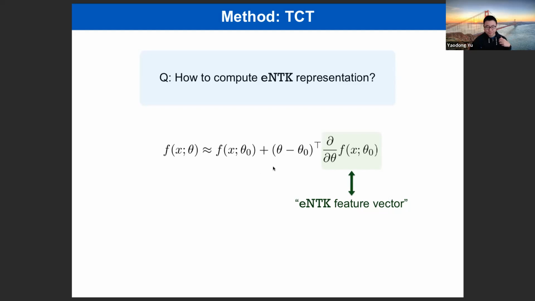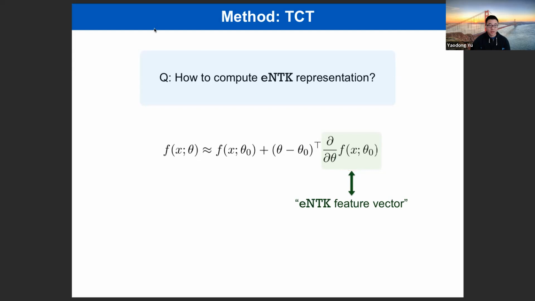We can approximate this function output by doing a Taylor expansion, expanding to the first term. Then we have this empirical neural tangent feature vector, and this vector is the ENTK representation we referred to before.